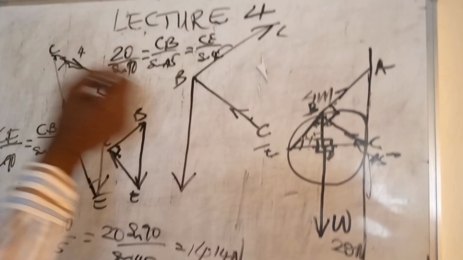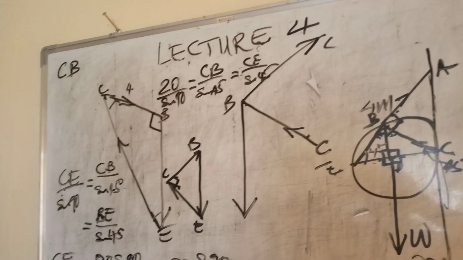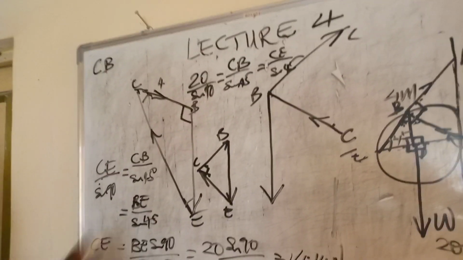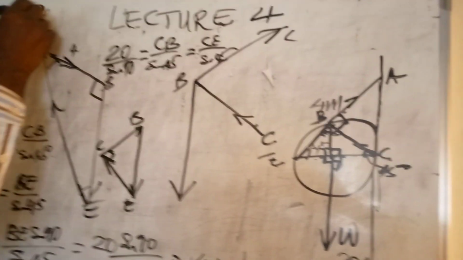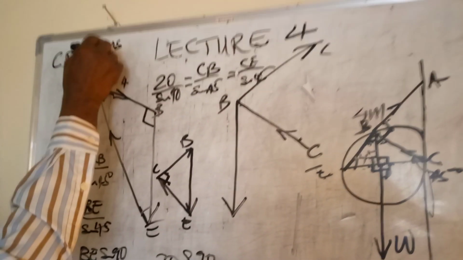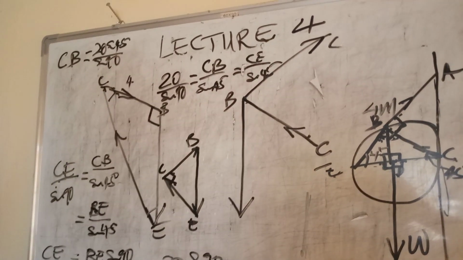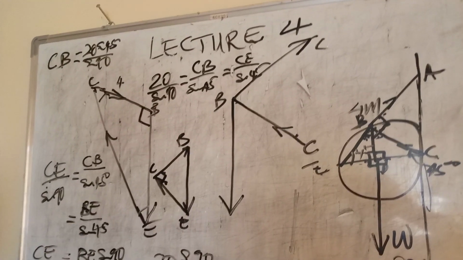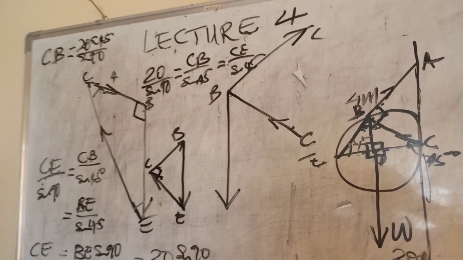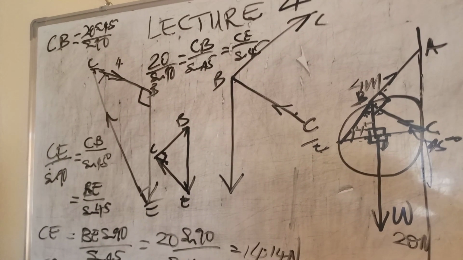To get CB, the tension in the string, cross multiply: we have 20 sine 45 over sine 90.